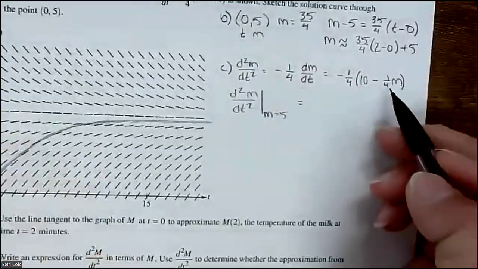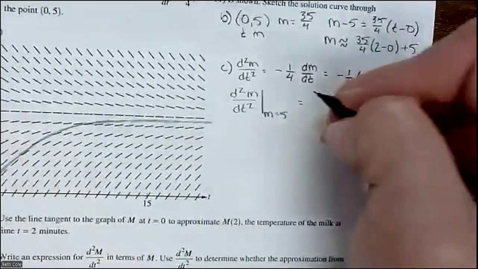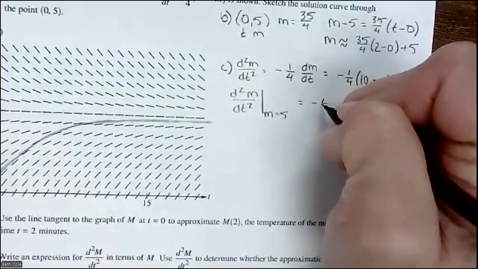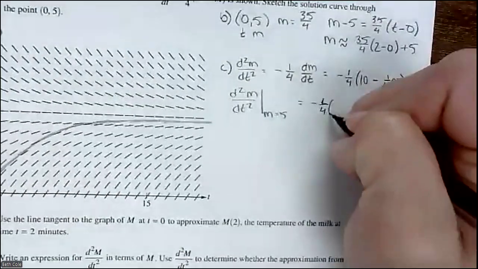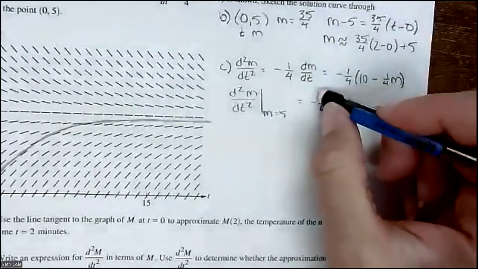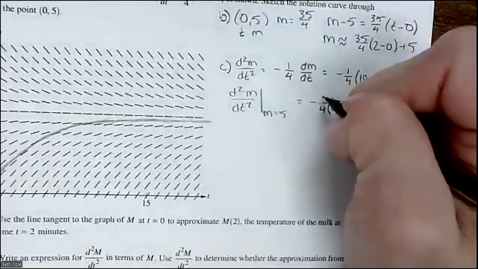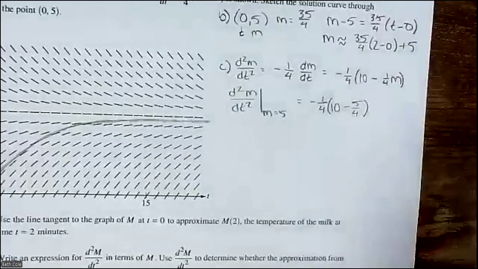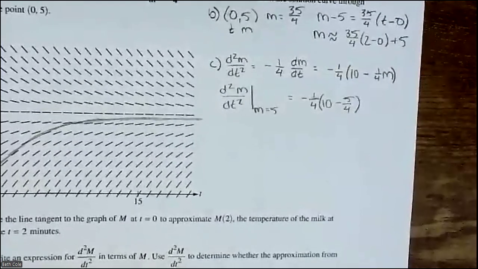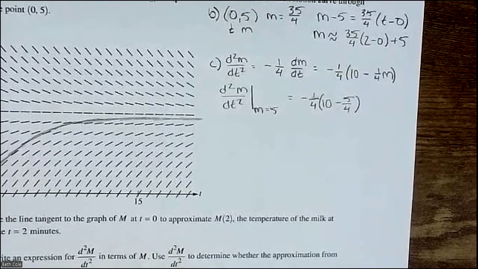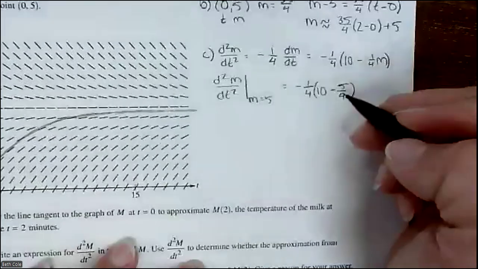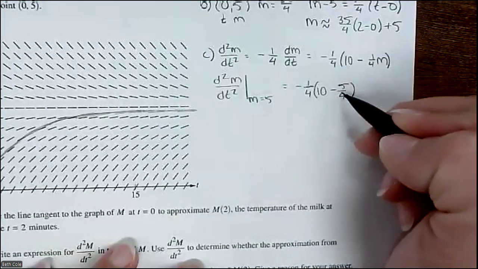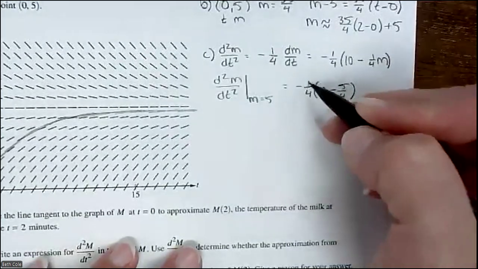All right, so if we plug 5 into this, we're going to have negative a fourth times 10 minus, sorry, I didn't write that very well. Let me try and fix that. And if I plug in 5 for that, that would be 5/4. Now, this is non-calculator, and you don't need to figure out what that actually is. You just need to know whether it's positive or negative. So what do you think? Is that value positive or negative? That would be negative. 10 minus 5/4 would be something positive, and then you multiply it by negative 1/4.